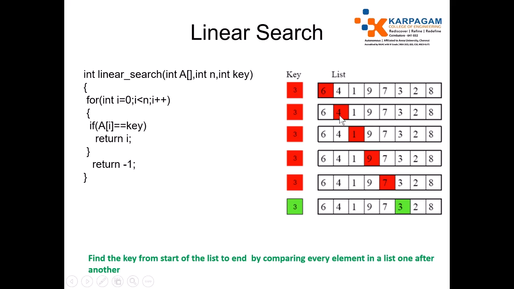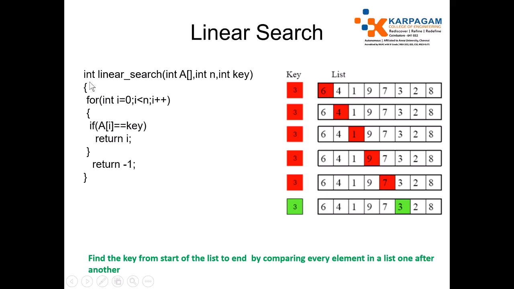Here I compare the second element, which is not matched, the third, the fourth, the fifth, not matched, and at the sixth element we have the key. So I return the index.